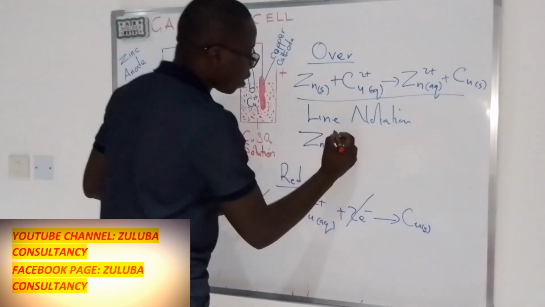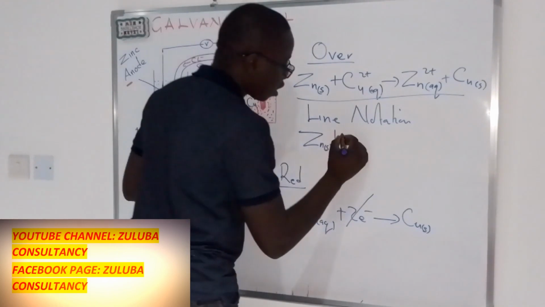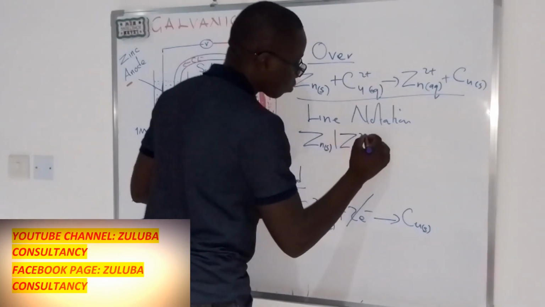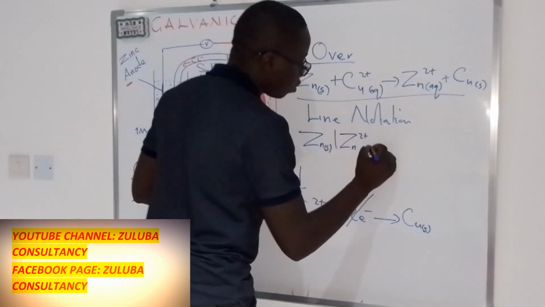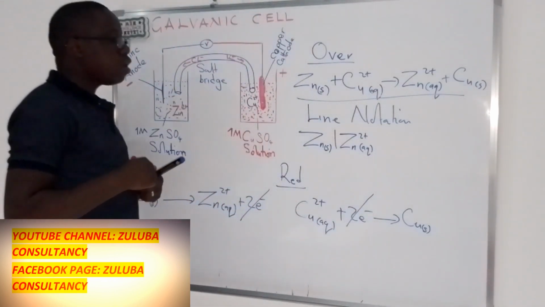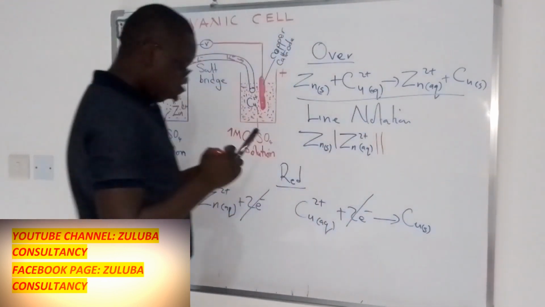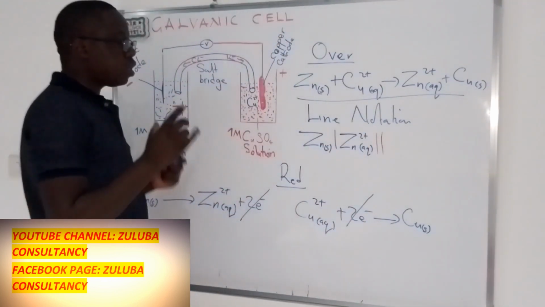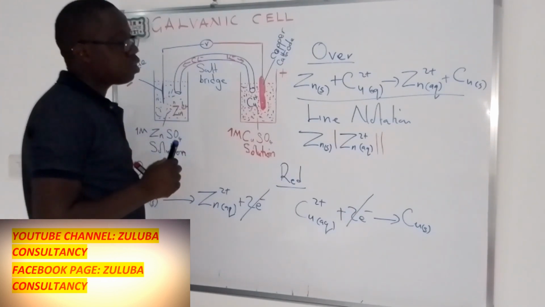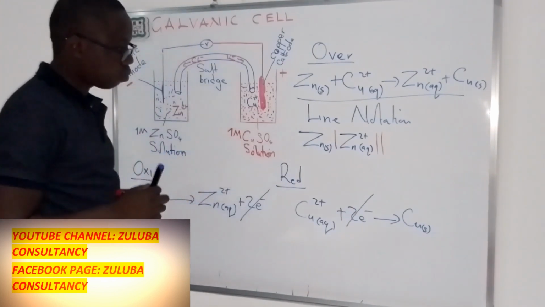Now, this is separated by a line, then we put zinc ion, which is aqueous. After we do that, we put two lines to show that there is a salt bridge that is separating the oxidation and the reduction part.